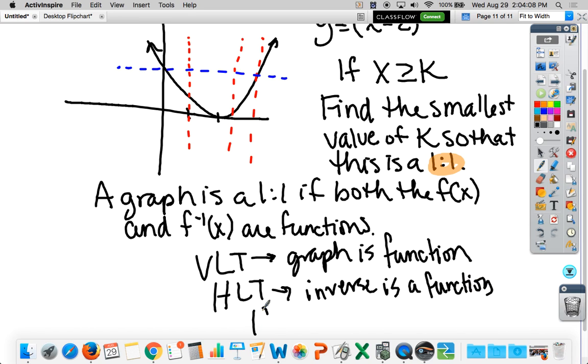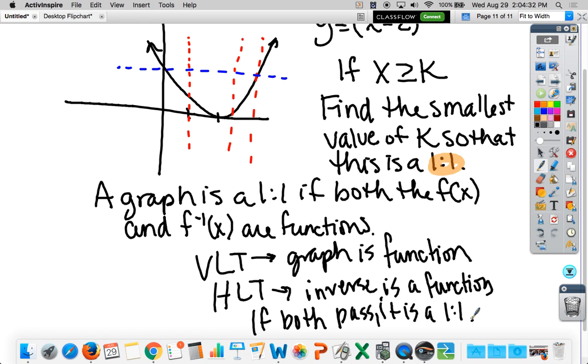If both pass, it is a one-to-one. So is this graph as it stands a one-to-one? Does it pass both the vertical and the horizontal?